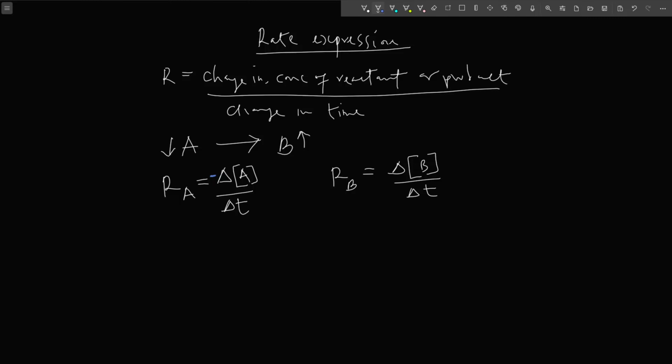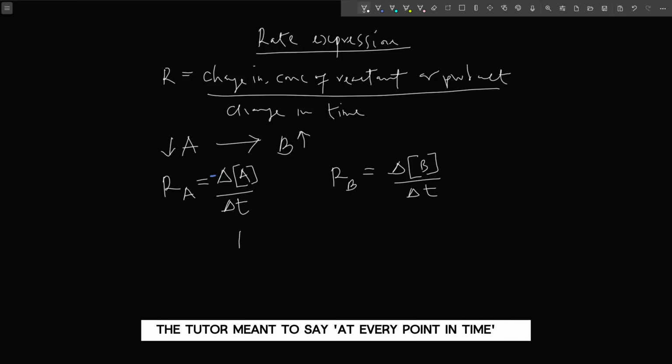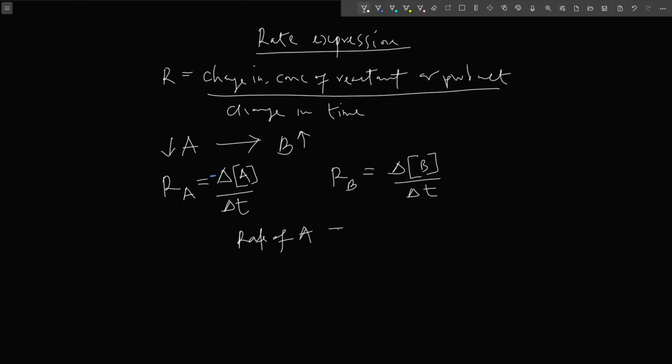And as I explained in the last video, the rate at which A is disappearing, rate of A, will be equals to the rate at which B is being formed, rate of B. So therefore, I can say that RA is equal to RB.